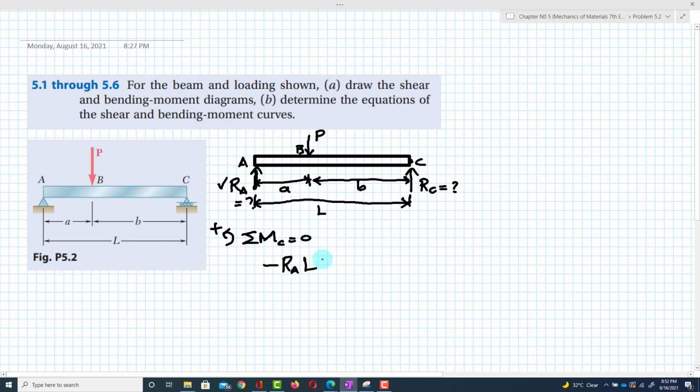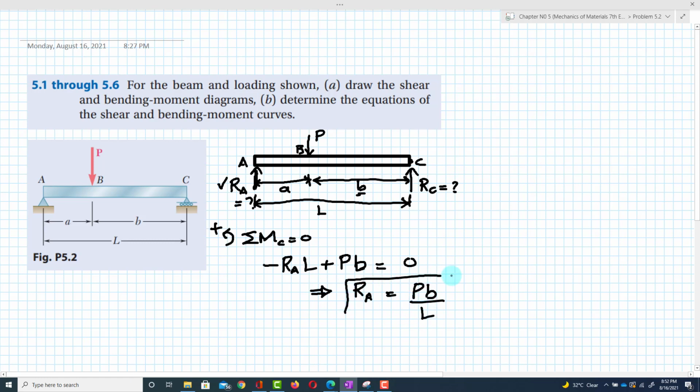The second force is P, which is acting downward, with perpendicular distance B. It creates a counterclockwise rotation, so this moment will be positive, and the sum will be equal to 0. This implies the reaction force at point A comes out to be PB over L.